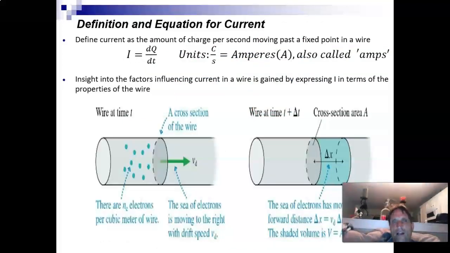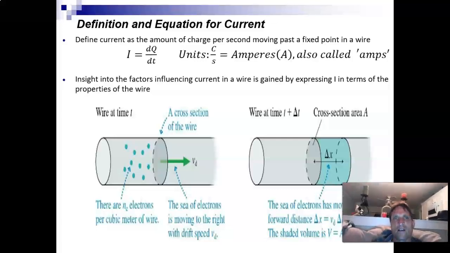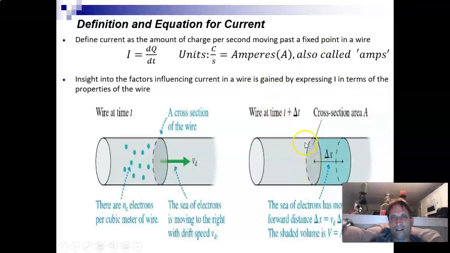And so we define the current as the charge per time passing a given point in a conductor. I'm going to call it a wire because wires are conductors, and that's the most typical example. So here you've got a wire, and the current is a measure of how many coulombs of charge pass a given point in a second.